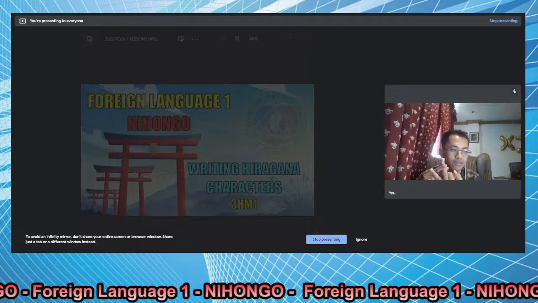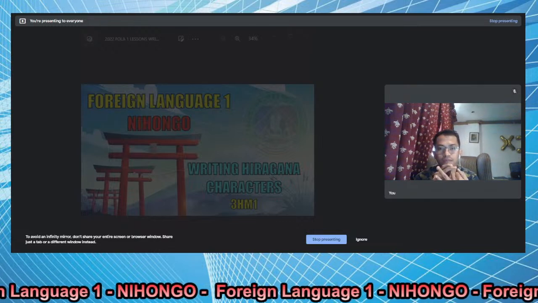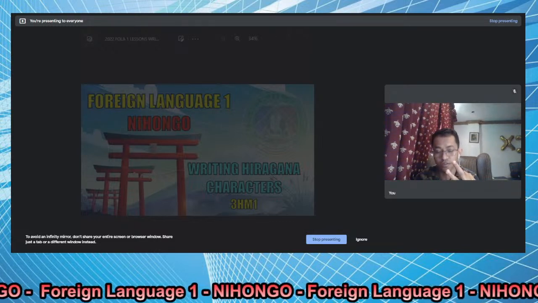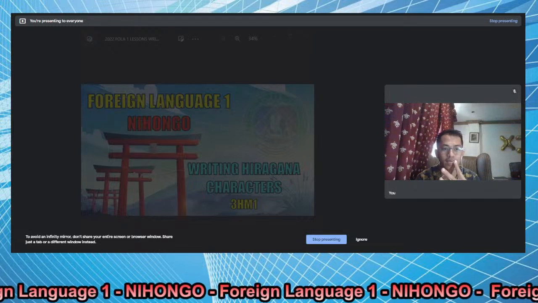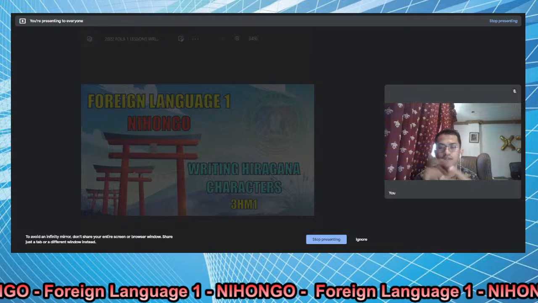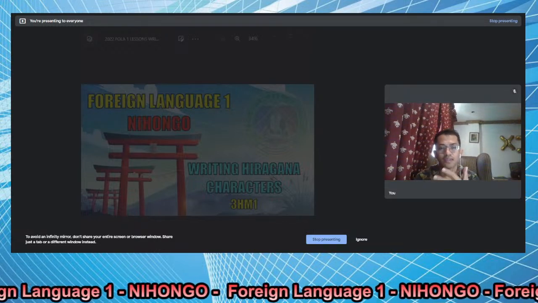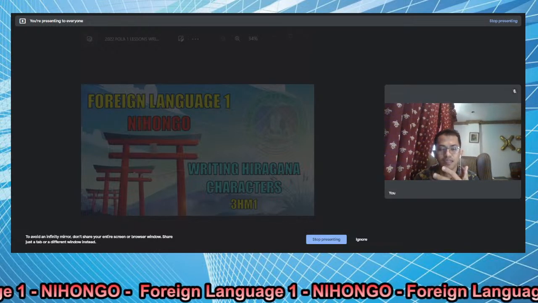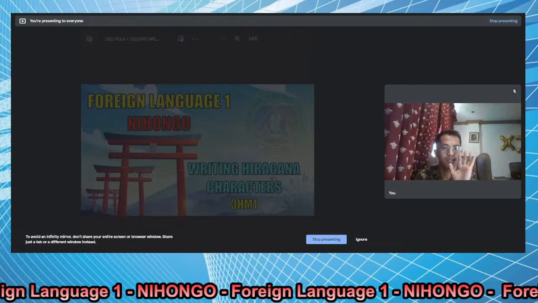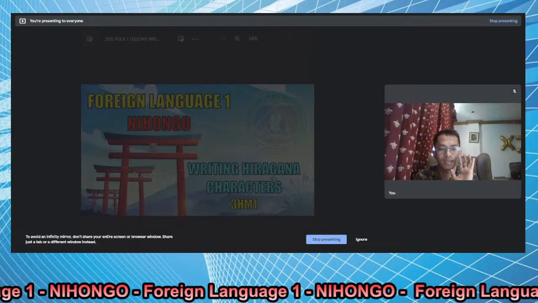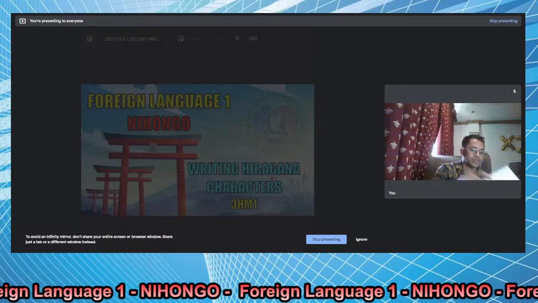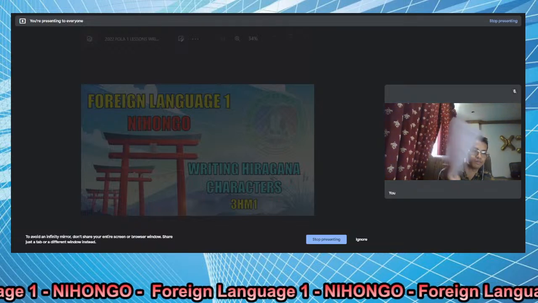And its voiced sound from the K group, ga, gi, gu, ge, go. And then from the consonant S group, sa, shi, su, se, so. And its voiced sound, za, ji, zu, ze, zo. Those five sets of hiragana characters, you're going to print it and submit it to me.